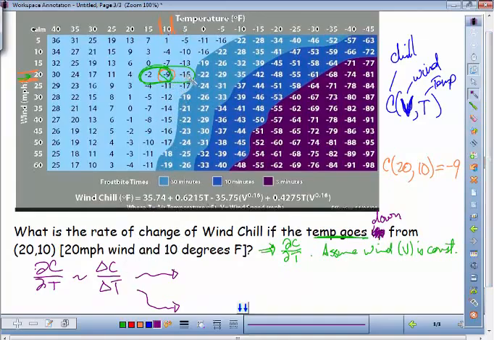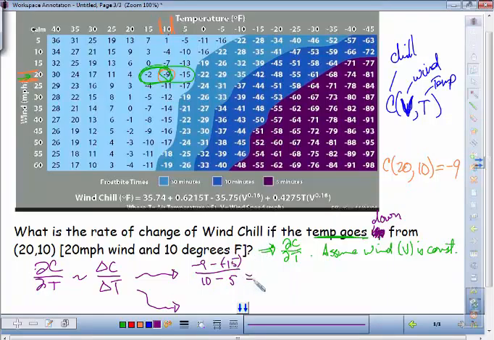So the change, and the order is important, so -9 minus -15, divided by the temperature of 10 minus the temperature of 5. Okay?